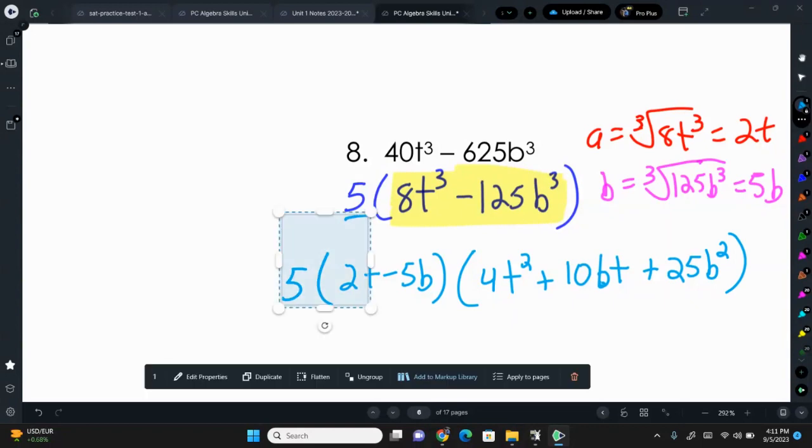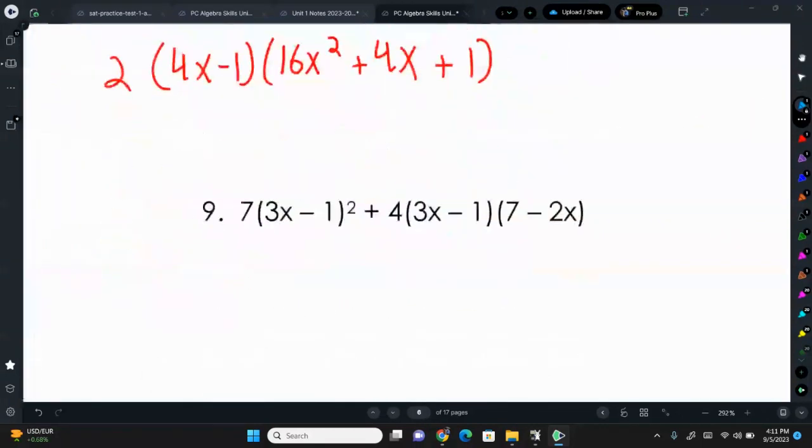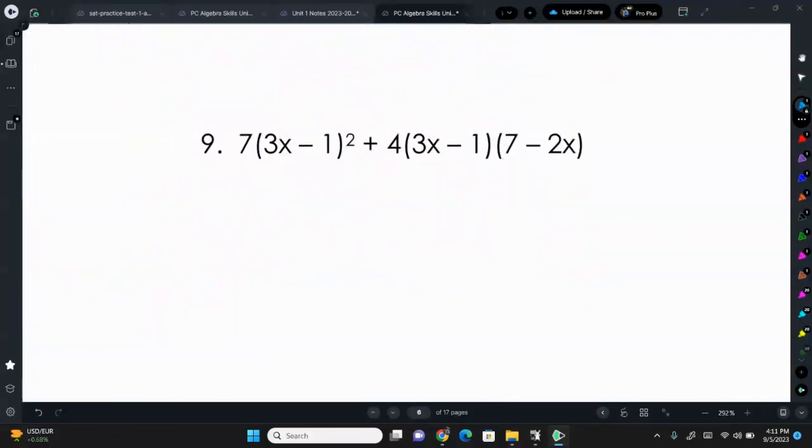Then number 9, if we look at that, we see what the heck is going on there. We have a lot of mumbo jumbo, but we have two things being added. We have this and we have this. And we ask ourselves, can we factor out a GCF?